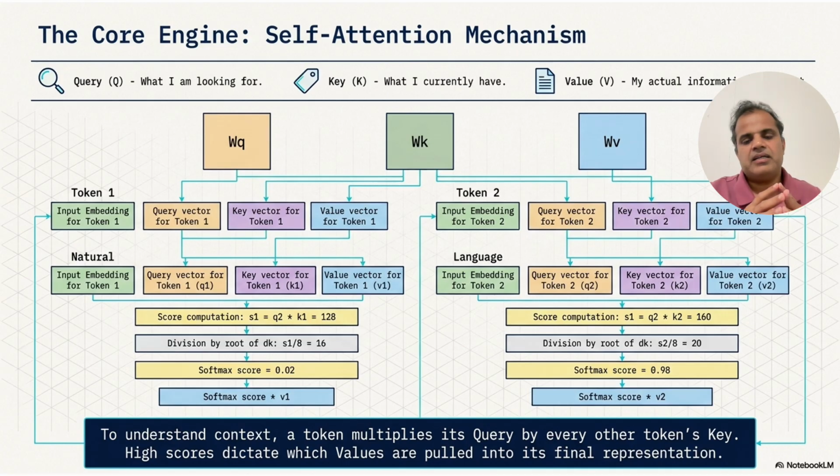To determine contextual weight, a token multiplies its own query vector by every other token's key vector. These scores are scaled, normalized via softmax, and multiplied by the value vectors. High attention scores directly dictate which informational values are pulled into the token's final representation.